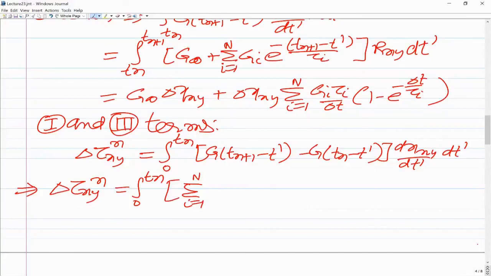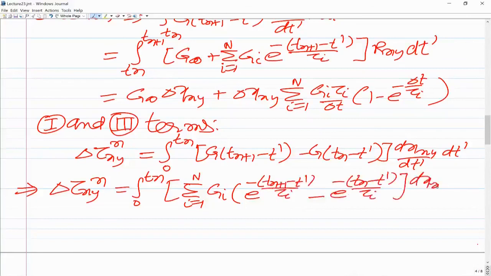Now you can take gi common, so this can be written as gi e to the power minus of tn plus 1 minus t dash upon tau i, minus e to the power minus tn minus t dash upon tau i, into d gamma xy by dt dash into dt dash. So this is how you can write it.